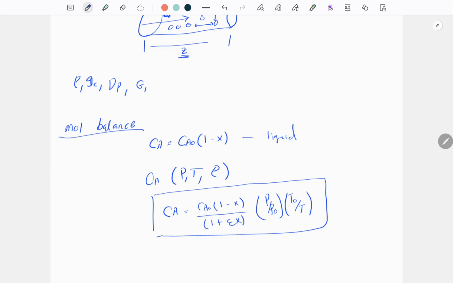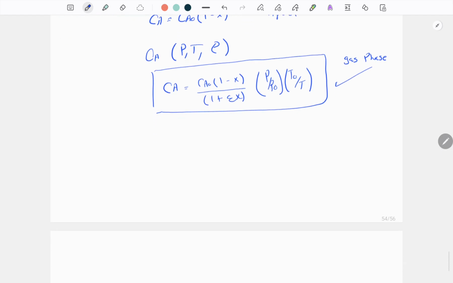So our material balance of the packed bed reactor in this class will be in terms of the final concentration in a gas phase. Okay, gas phase.